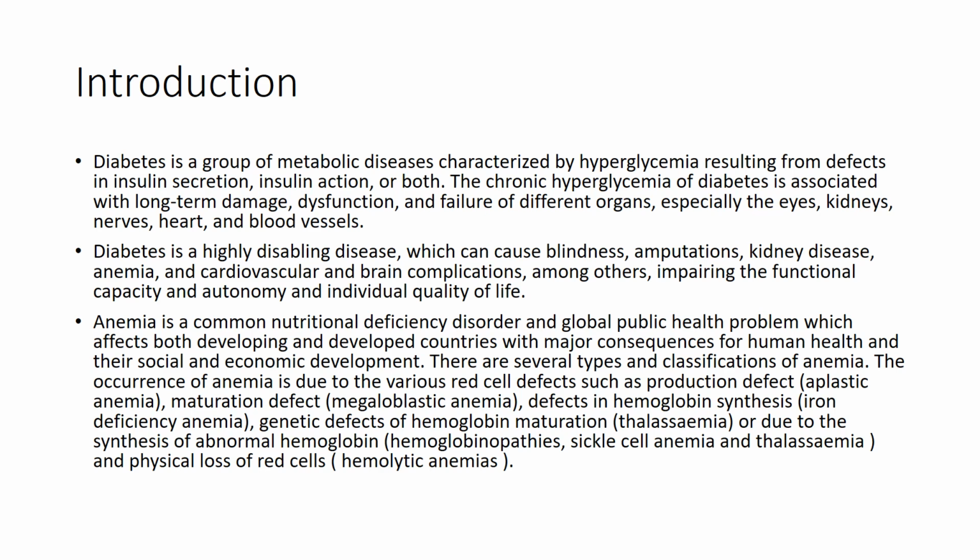The occurrence of anemia is due to various red cell defects, such as production defect, aplastic anemia, maturation defect, megaloblastic anemia, defects in hemoglobin synthesis, iron deficiency anemia, genetic defects of hemoglobin maturation, thalassemia, or due to the synthesis of abnormal hemoglobin, hemoglobinopathies, sickle cell anemia and thalassemia, and physical loss of red cells, hemolytic anemias.